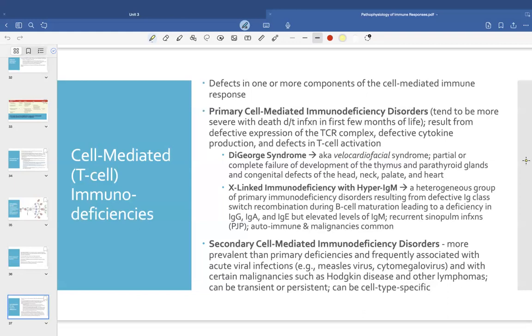So without a thymus, you're not going to have maturation of your T cells. Your T cells aren't going to be functional. So, usually not a very good outcome.